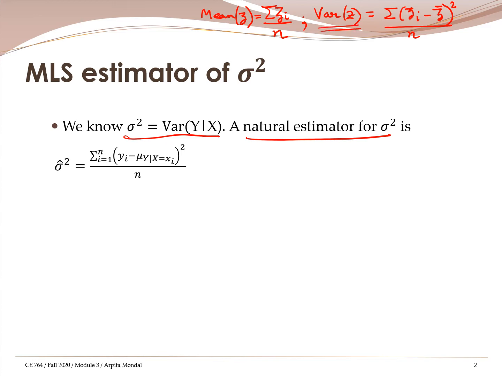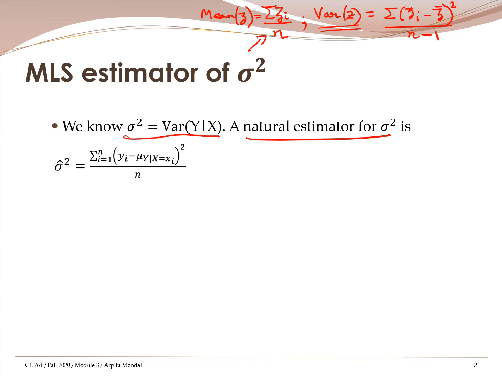However, if you recall the school standard definition of standard deviation and variance, it's often written with n minus 1 instead of n. And why is that? Isn't using n the most natural thing to do, because that's what we have done for the mean? However, in case of variance, it turns out that if you use n in the denominator, the estimator will not be unbiased.